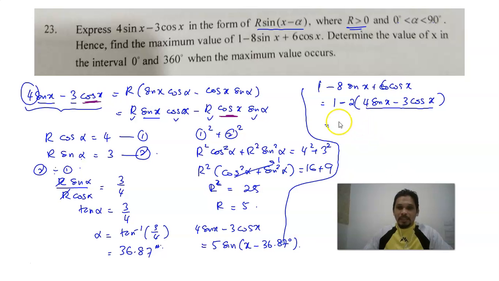Okay, now it becomes 1 minus 2, so everything here for sine x minus 3 cos x will be elaborated in this form, so it is now 5 sine x minus 36.87 degree. Determine the value of x in the interval of 0 and infinity when the maximum value occurs.